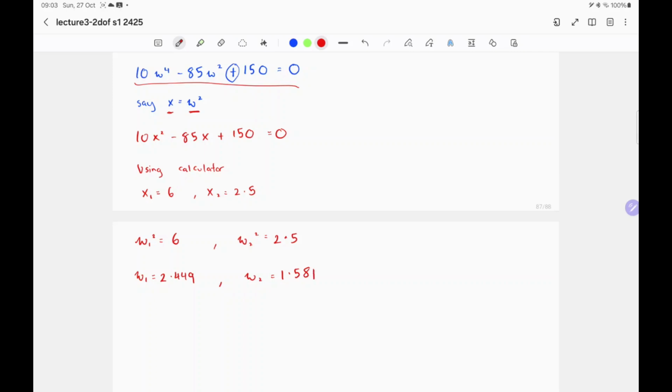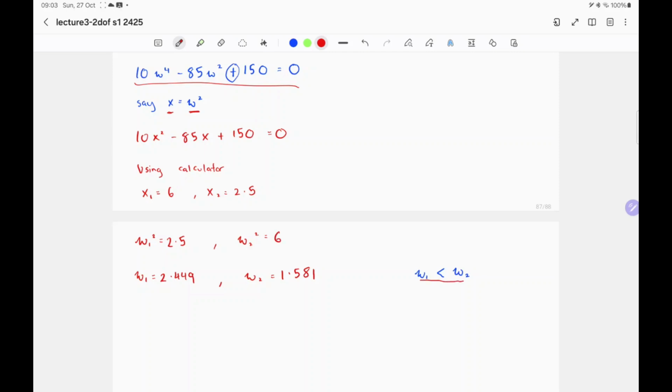But this is not true because, as I mentioned earlier, omega 1 must be smaller than omega 2. So what you should do is replace this one, because we know that omega 1 squared must be smaller than omega 2 squared. So this should be 2.5 and this should be 6.